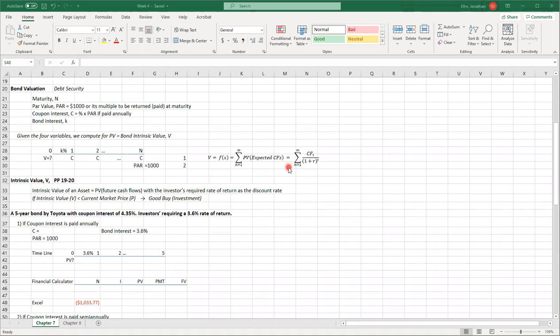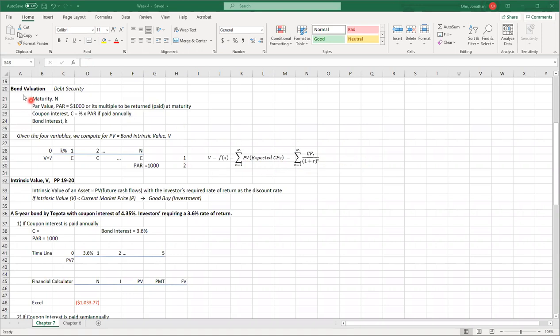The same thing, right? Discounted means present value. The sum of present value of future expected cash flows, or the sum of discounted future cash flows. That's the same thing.